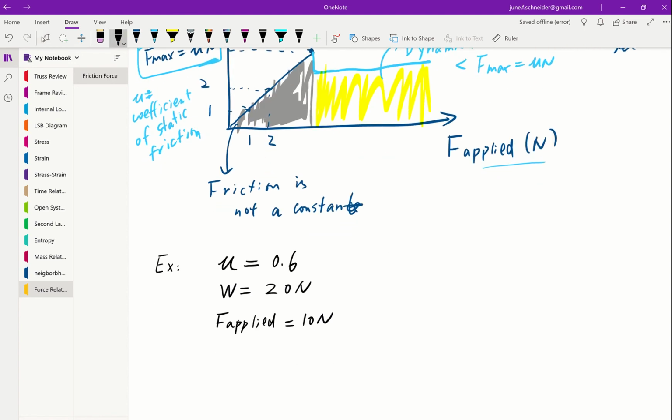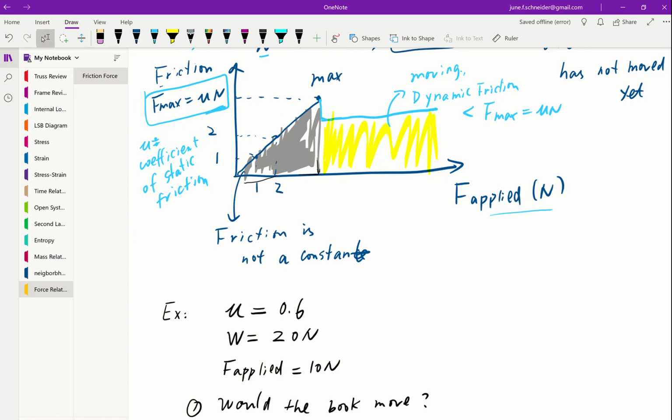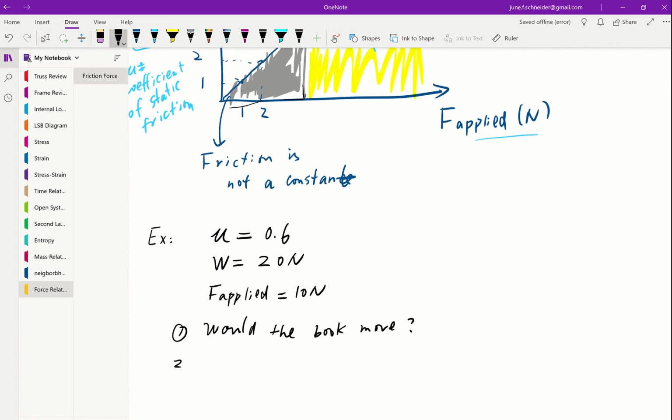Okay, so the first question is, would the book move? In other words, is it in this first region where it's static, or in this highlighted green yellow region where it starts to move? And then the second question is, what is going to be the friction force?